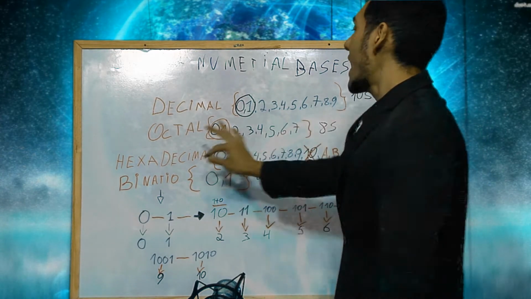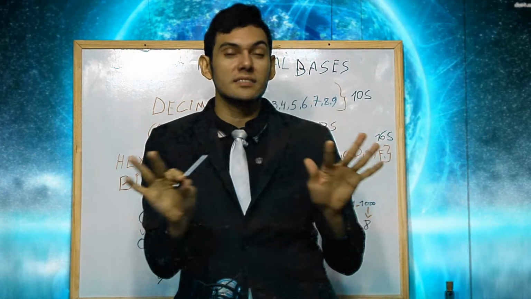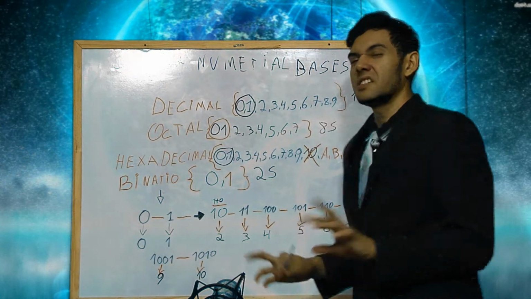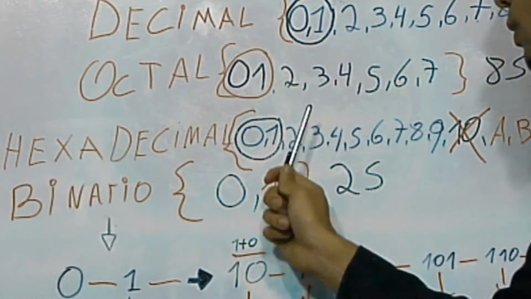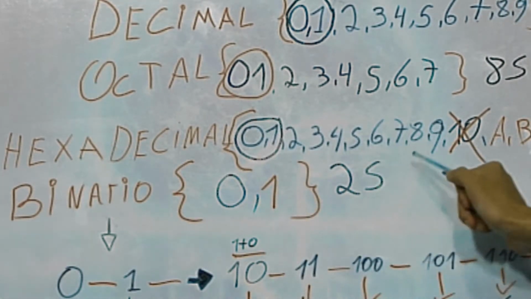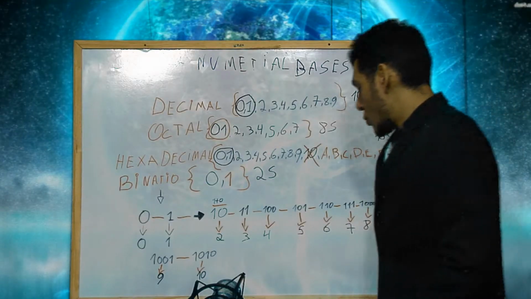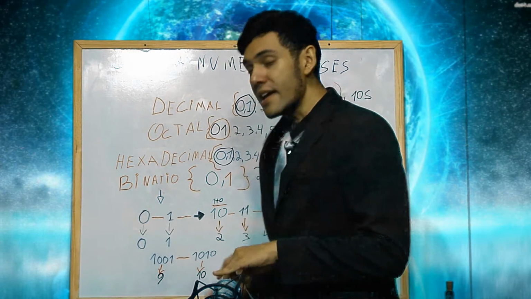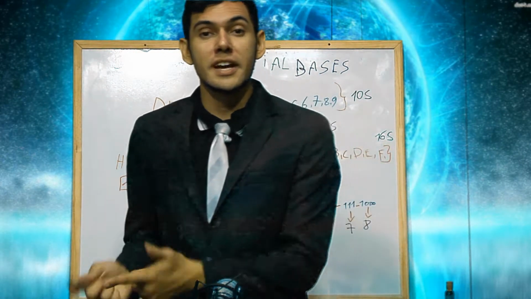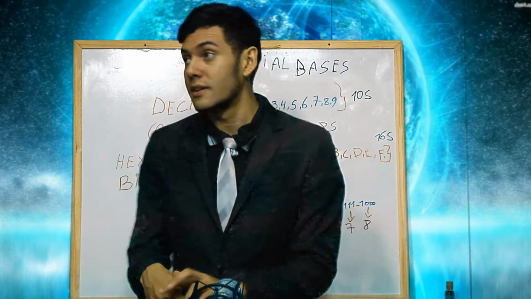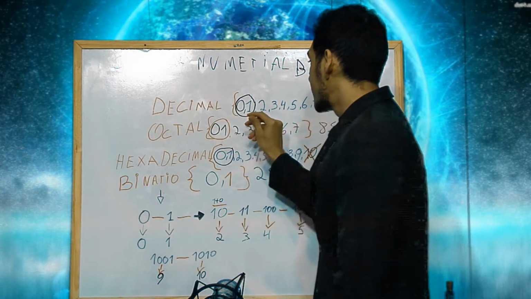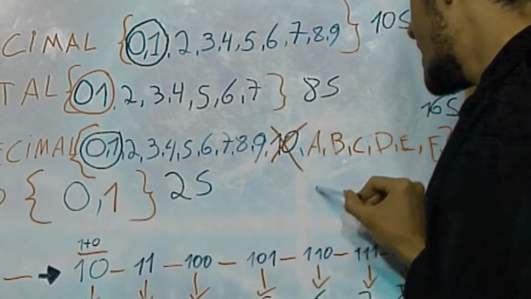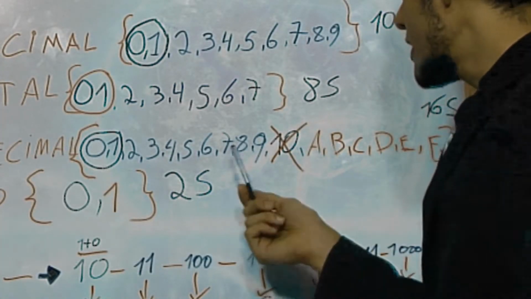So let's go to hexadecimal now, which changes things a little bit. The hexadecimal, which comes from 16, has 0, 1, 2, 3, 4, 5, 6, 7, 8, 9. Oops! We don't have the number 10, because 10 isn't a number. As we have learned, 10 is a repetition of the 1 and 0. So here we don't have the number 10 in hexadecimal. So what's going to happen here?